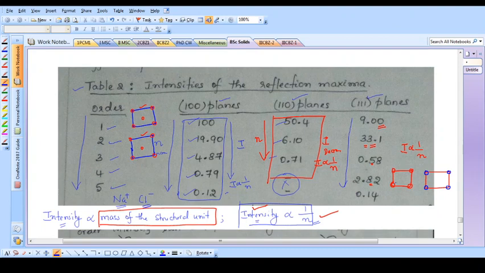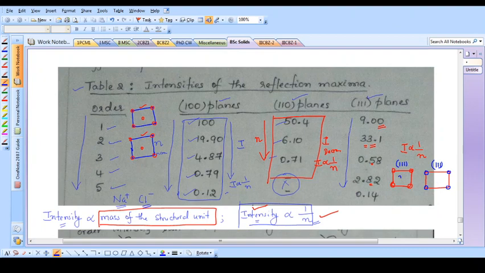Okay, so we can give different possibilities. I will stick to one possibility, which is actually the correct possibility. So here, in one of the 111 planes I have shown ions in red color. In another 111 plane I have shown ions in blue color. So what this indicates is, one of the 111 planes contains an arrangement of sodium ions, and the other, that is the adjacent 111 plane, contains only chloride ions.